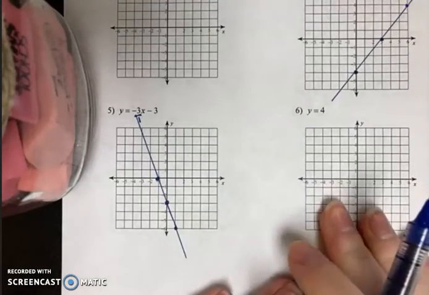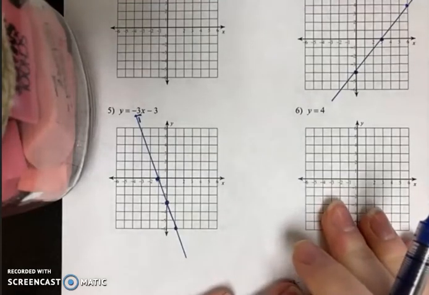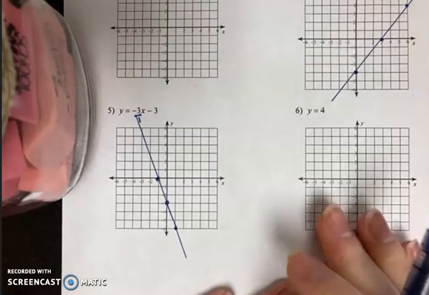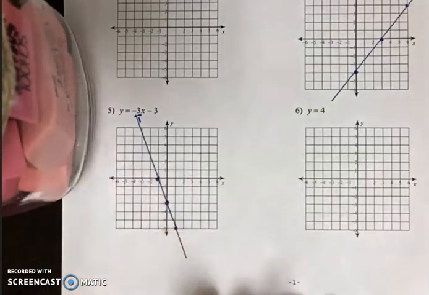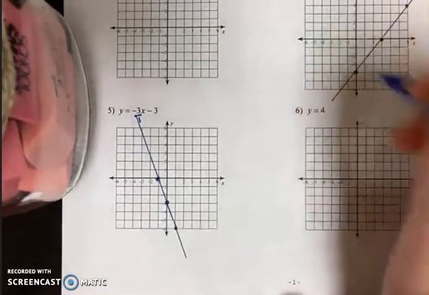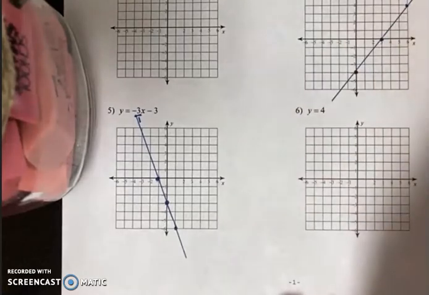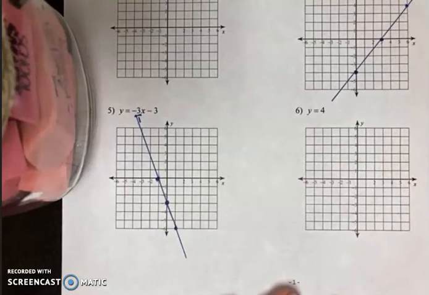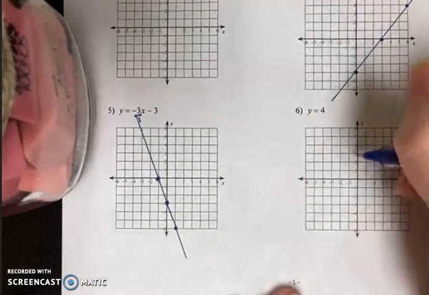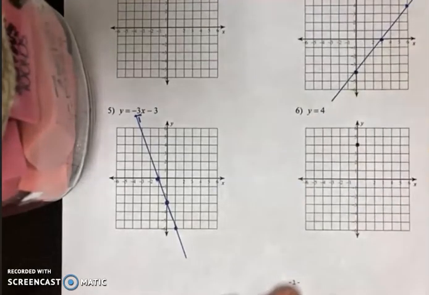For number 6, we have y equals 4. So this will be a linear function, but instead of having a slope, we're just going to have a vertical or horizontal line. So when you have a y value that's always constant, here's y equals 4. So 4 is right here along the y-axis. Your y value will always be 4.